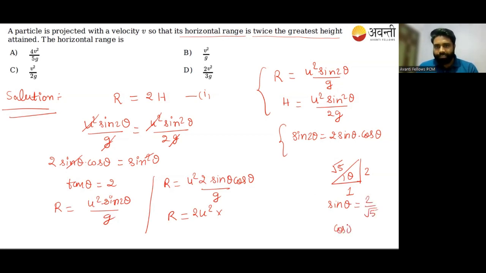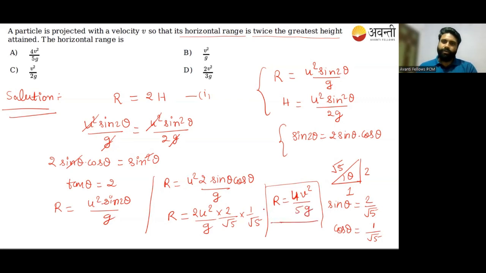And what is the value of cos theta? It is base over hypotenuse. So put this value here, 2 by root 5 into 1 by root 5, divided by g. If you multiply this, it will result in R equal to 4 v square by 5g. Okay, got it? So 4v square by 5g is the correct option.